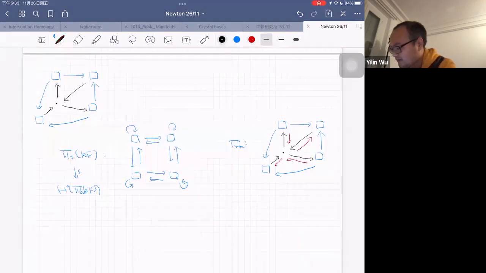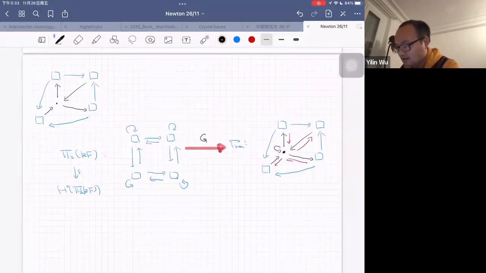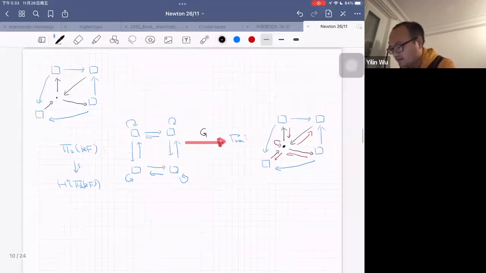And there is only one unfrozen vertex, so we also add a loop here. We also have a DG functor. And moreover, in this example, this is also concentrated in degree 0.